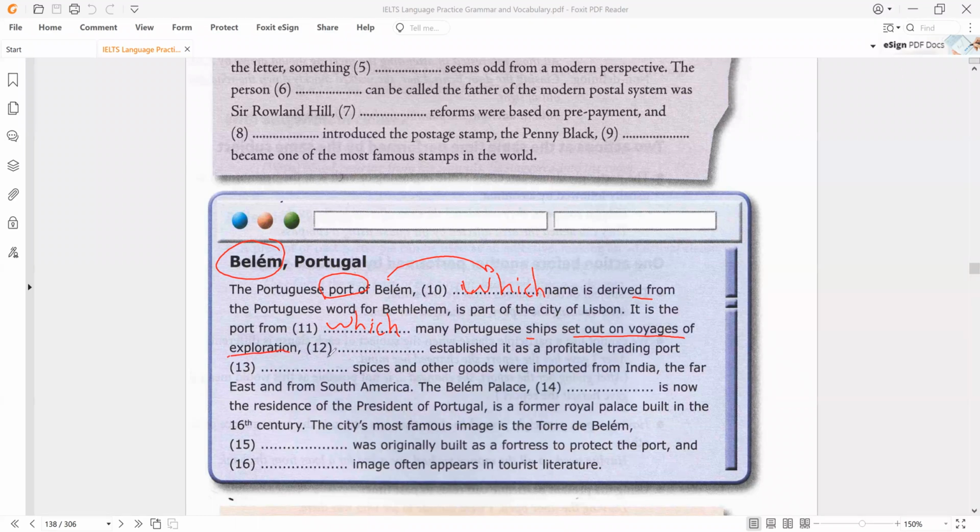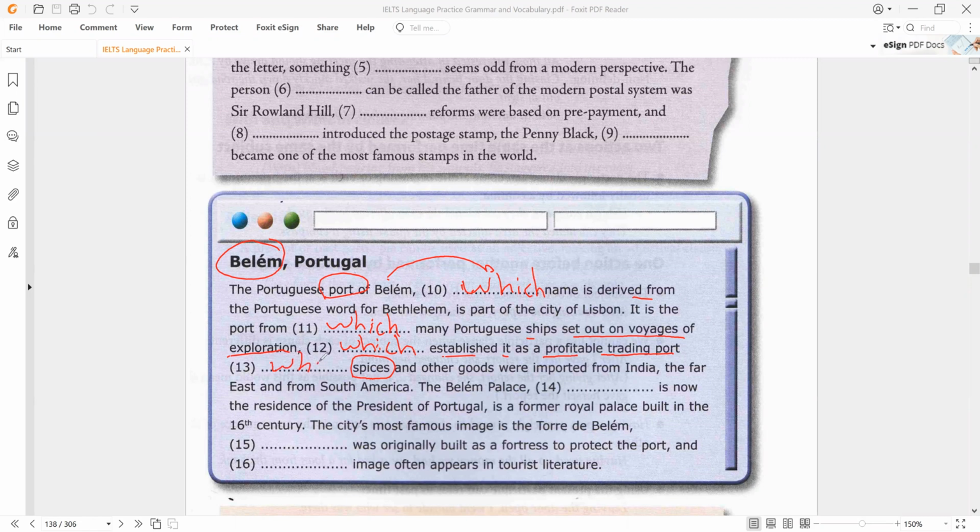Exploration. You can say which or that. Exploration, which established it as a profitable trading port, number 13.